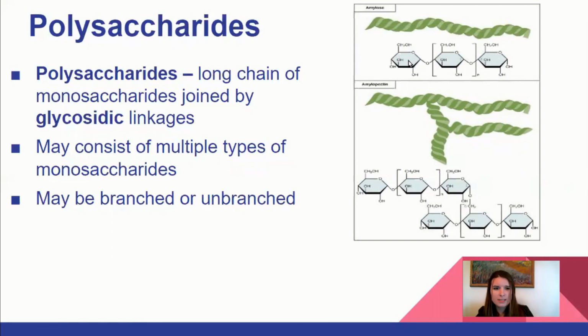We will also see branched polysaccharides, which just means that instead of bonding at this one specific location, sometimes we're going to go down, have one bond down to a monosaccharide here, and then that monosaccharide may be attached on either side itself to more monosaccharides. So this is what it looks like in its sort of chemical representation. If we drew it out as a cartoon, we might see something like this.